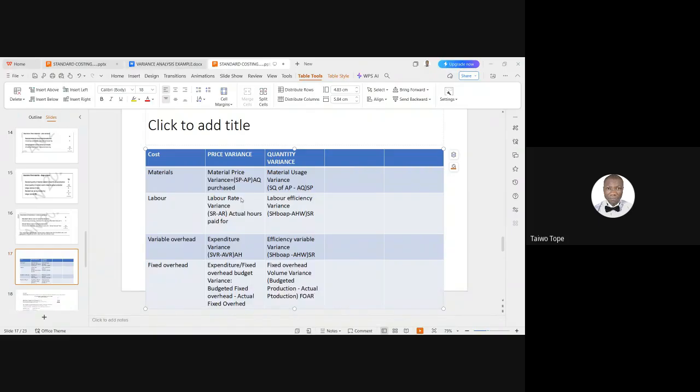Now, in terms of revenue, inflow, if your actual is greater than your standard, the outcome will be favorable. In terms of revenue, money coming in. But if your actual is less than your budgeted, it is adverse.